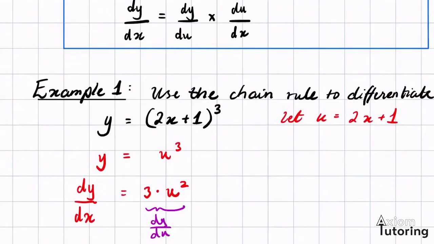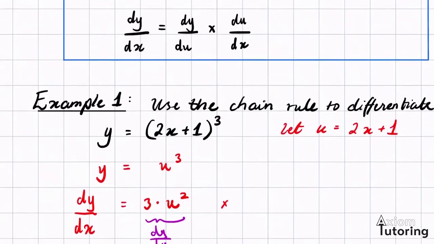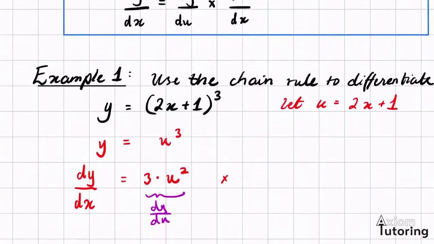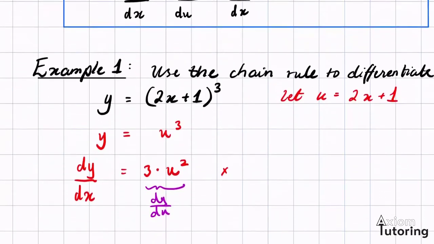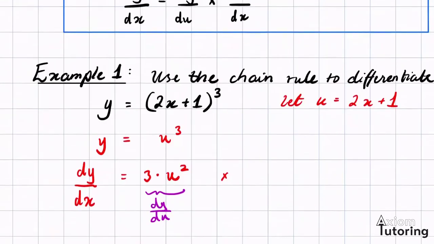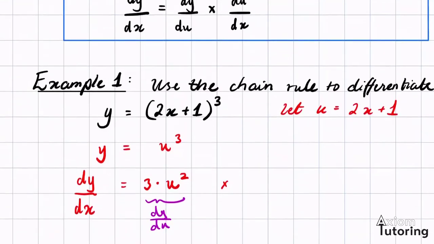And now we want to multiply this by du over dx. Remember, y equals u cubed, but u is equal to 2x plus 1. So to find du over dx, we want to differentiate u with respect to x. So we want to differentiate 2x plus 1 with respect to x.